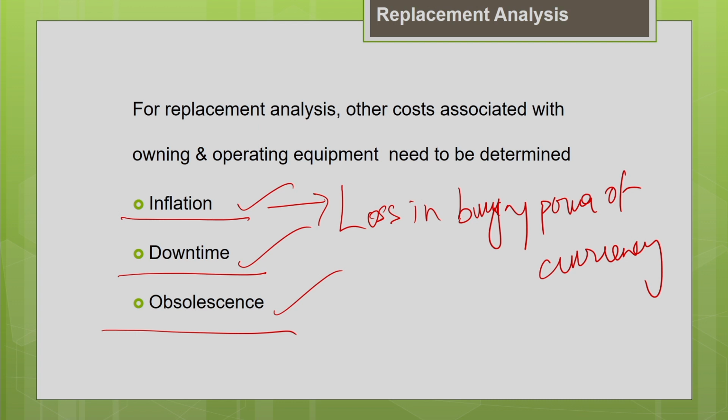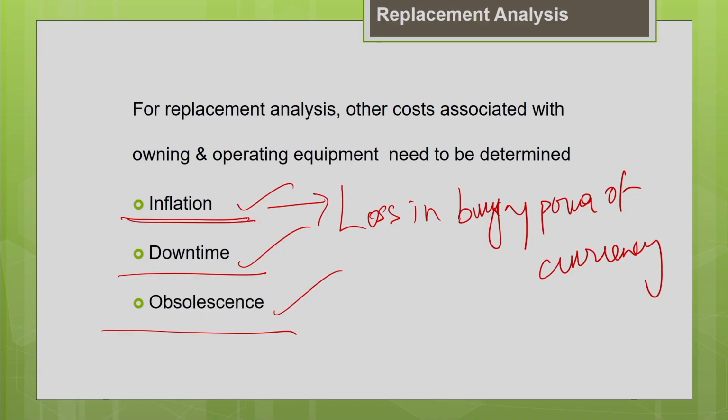Obviously the cost of the machine would have increased with time. That is the effect of inflation. So when we plan for the replacement, when we do the replacement analysis, this increase in cost with time due to inflation should also be incorporated in the cost estimation.